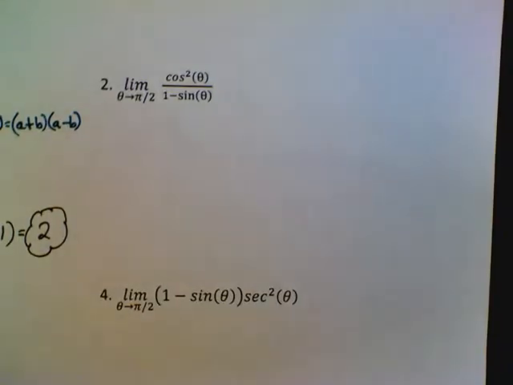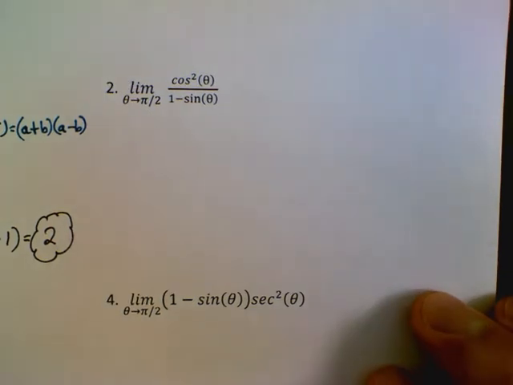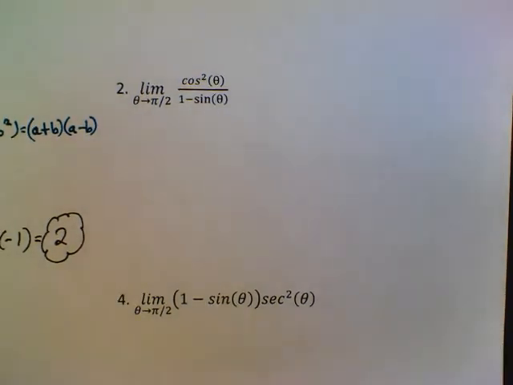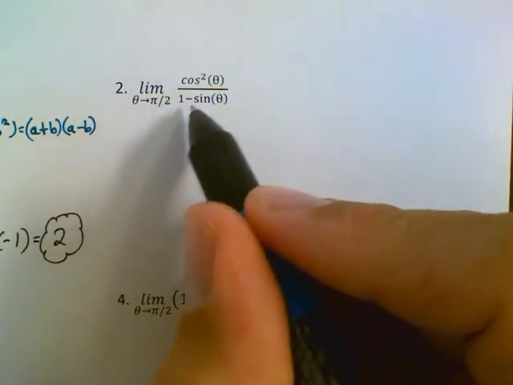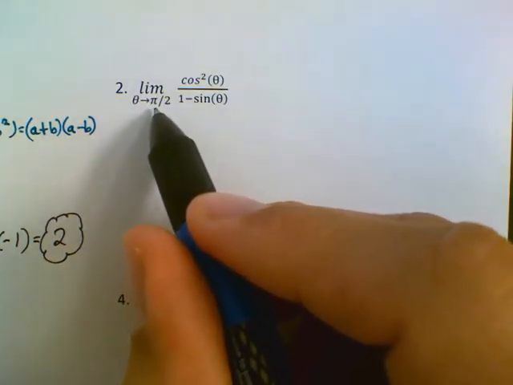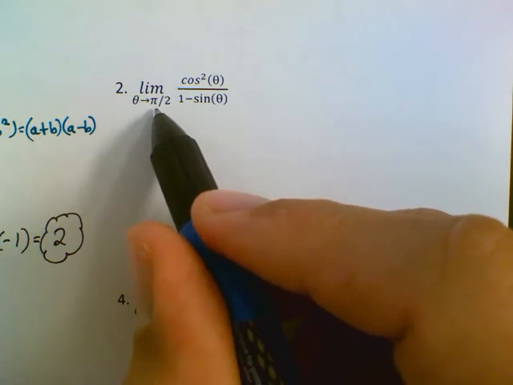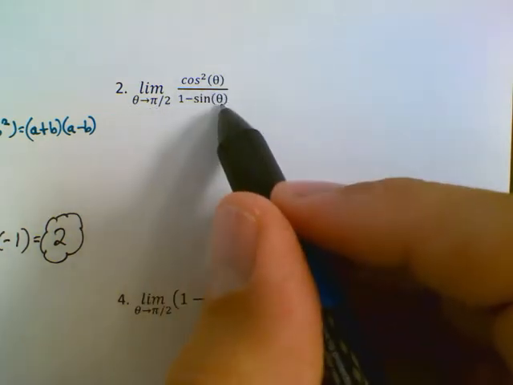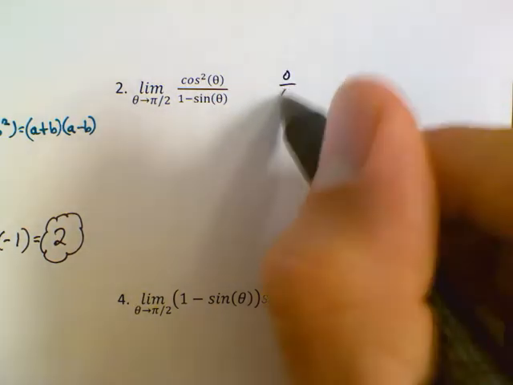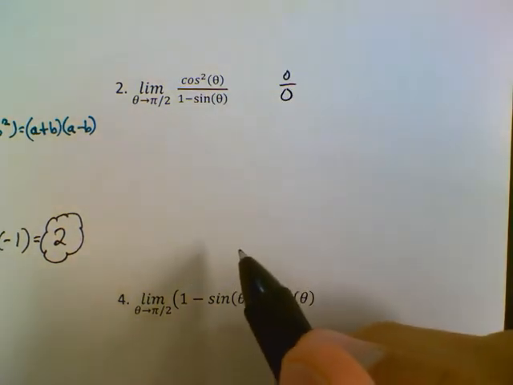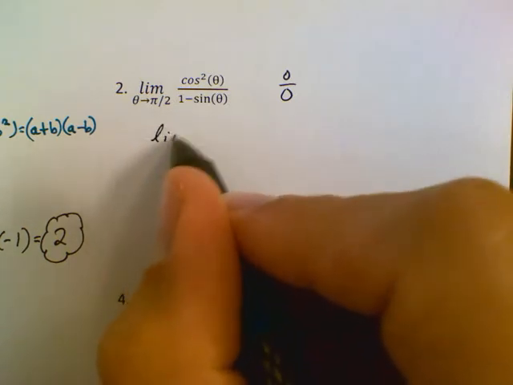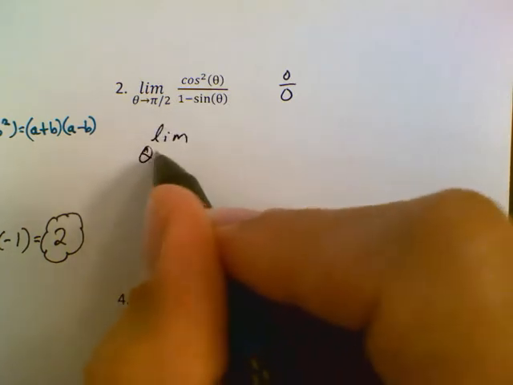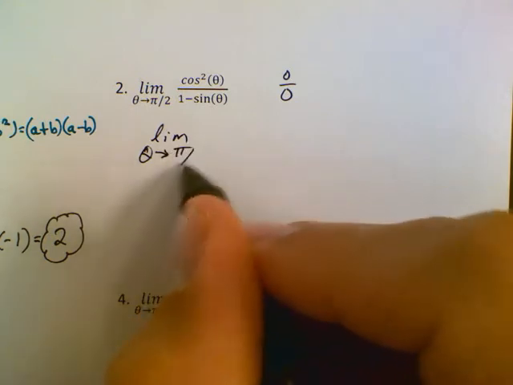So let's take a look at the second example here. Looks like the same kind of problem, doesn't it? So it hasn't changed very much. There's a minus sign here, and maybe we're going to pi halves instead of 3 pi halves. So we'll put the pi halves in, and I get 0 over 0, which is an indeterminate form. So then that means that I'm going to try to rewrite this expression so that it's equivalent.